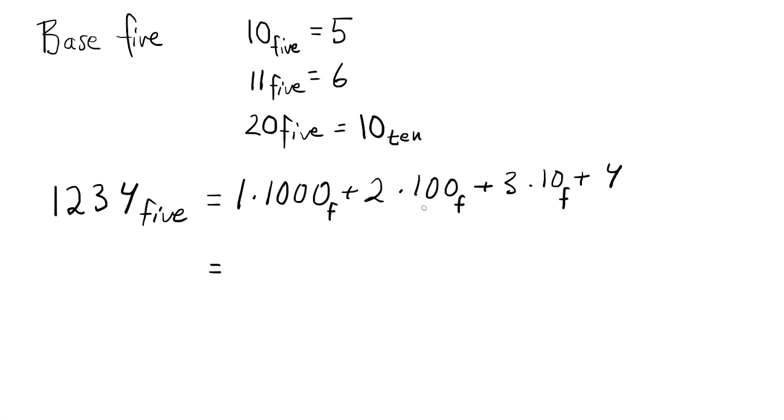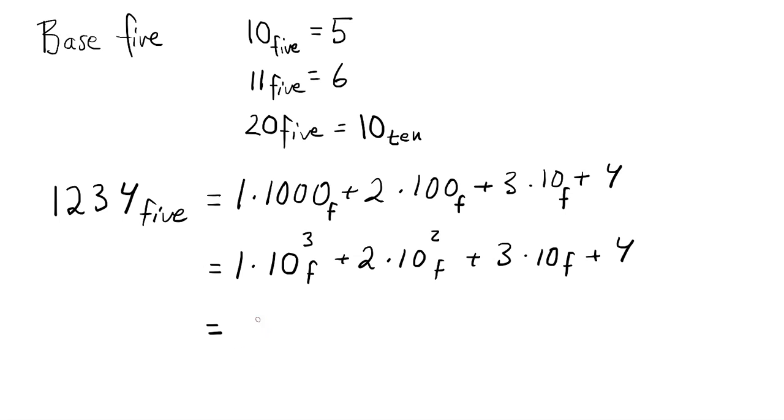Okay, so how much is 10, 100 and 1000 in base 5? And then we have to remember that 1000 means 10 to the power of three. And 100 means 10 to the power of two. And this means 10 to the power of 1, but we don't have to write that.